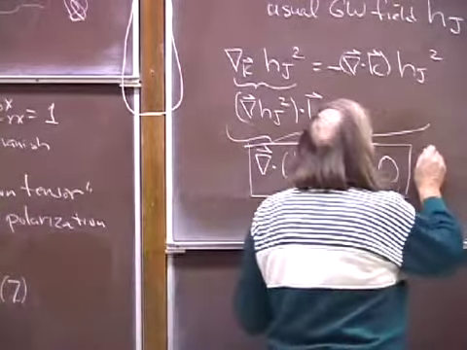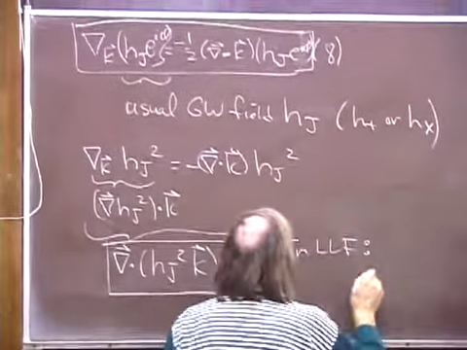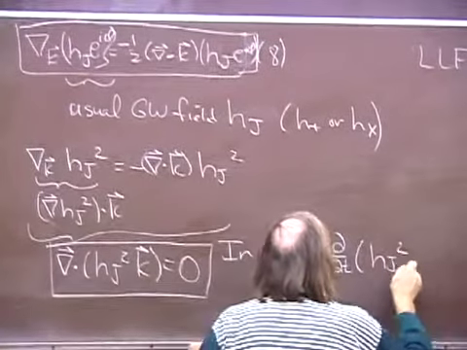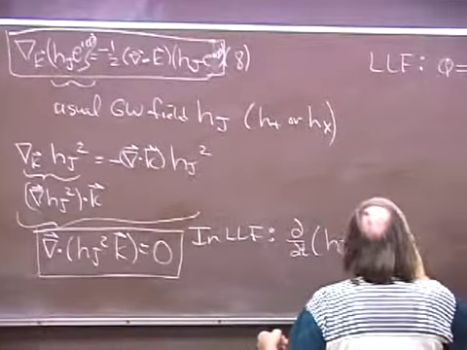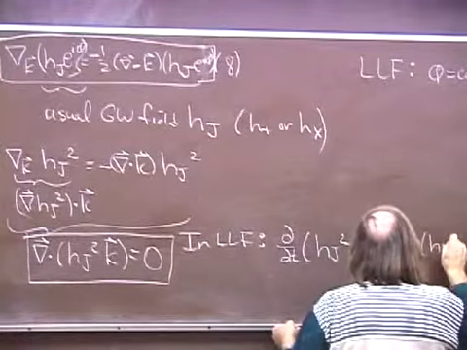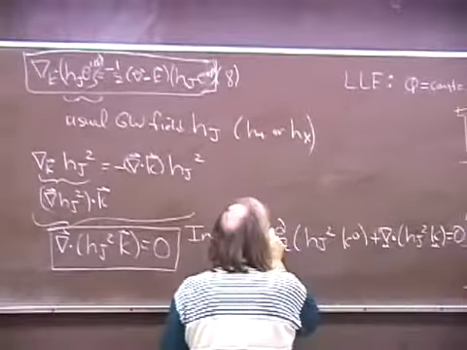In a local Lorentz frame, what this says is that d by dt of h_J squared times k^0 plus the spatial divergence of h_J squared times the spatial part of k vanishes.